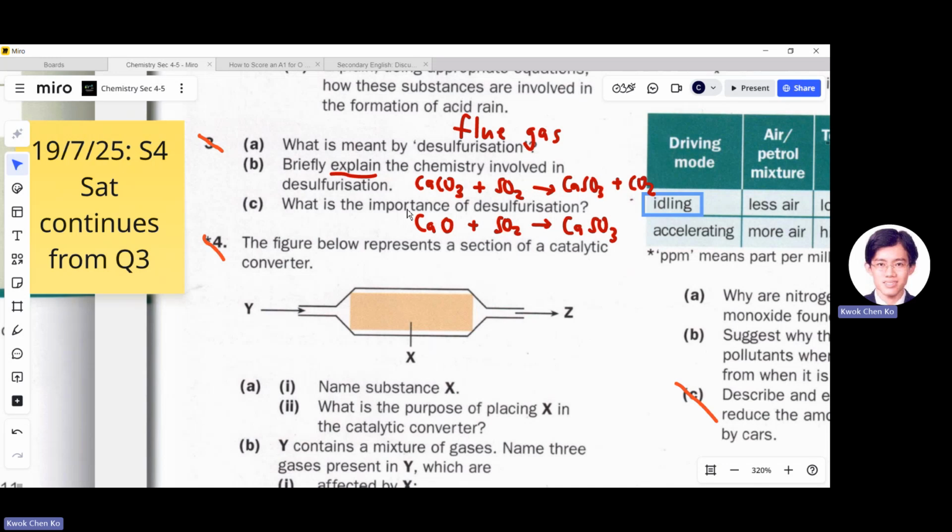Okay. Now, depending on the marks, you may also want to mention the consequences of SO2. Ethan? Less formation of seaweed. So, yeah, I think that captures the elements for this answer. All right, desulfurization, basically you want to reduce SO2 in the air, and therefore you reduce incidences of acid rain. Yep, those would be the key points.